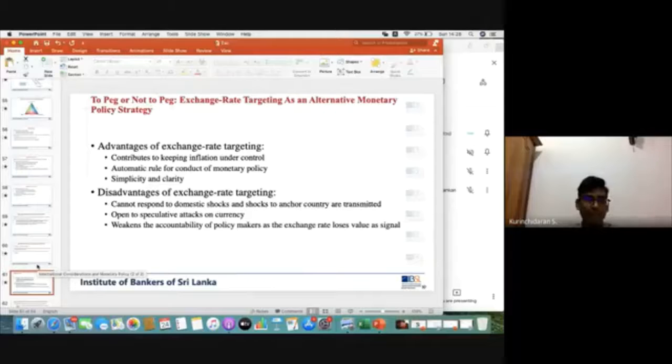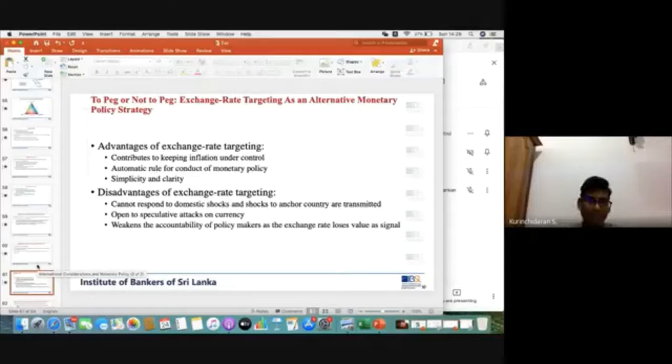That's what we saw in the trilemma, the impossible trinity, right? If you take any action due to a shock in the domestic economy, that's going to affect your fixed exchange rate, right?